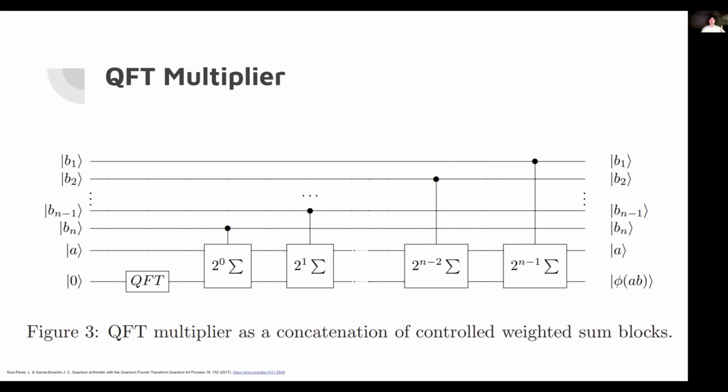And you're just adding over and over and over again, much like normal multiplication works. But you do it via these controlled weighted sum blocks. And so if that bit of the first input register is true, then you can do, in this case, one weighted sum, two weighted sums based off of which bit is being rotated.